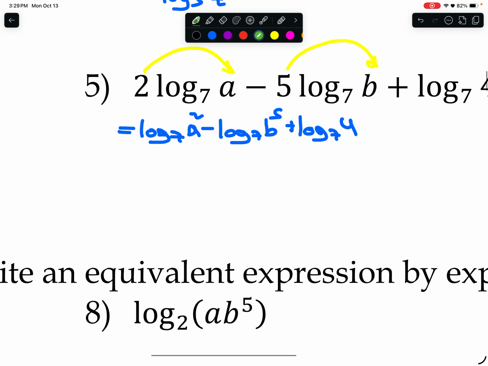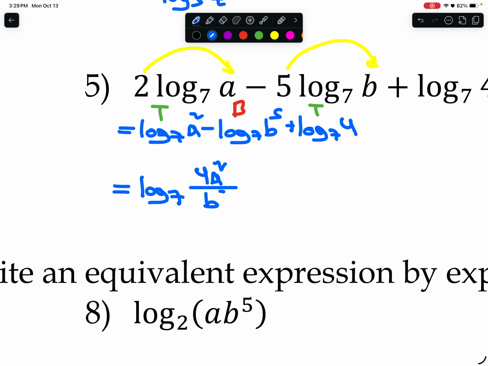And then, of course, I have a positive, which means the first term is going in the top. The second term is negative, which means I'm going to write the argument in the bottom. And then the last term is positive, so I'm going to write that 4 in the top. So this is going to be equal to log base 7 of 4a squared over b to the 5th.